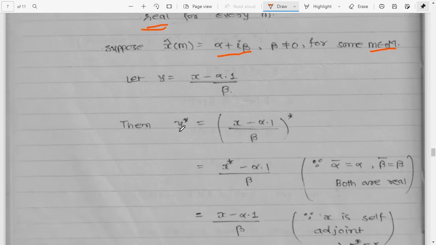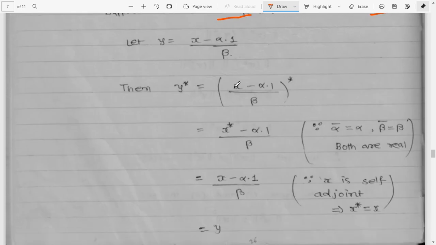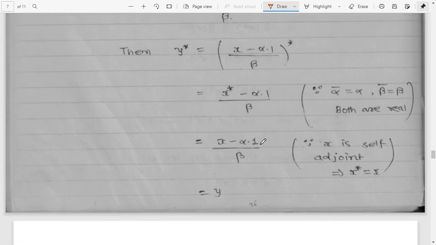Now we apply the adjoint: y star is equal to x star minus alpha conjugate into 1 upon beta conjugate, and alpha and beta both are real.